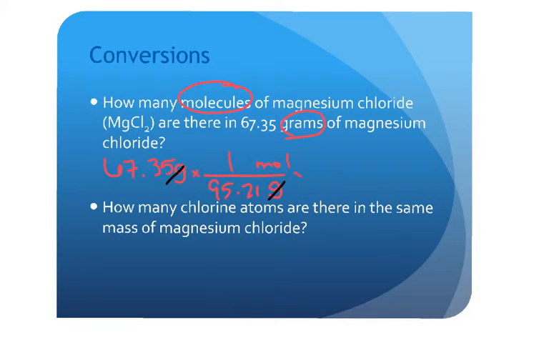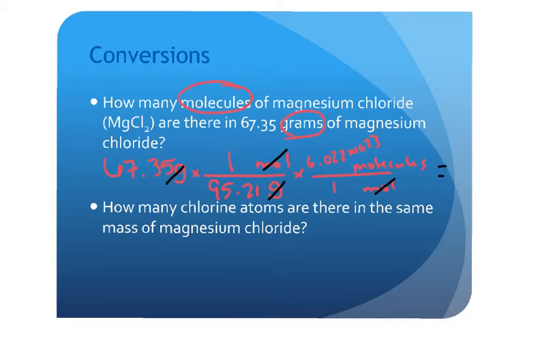The next conversion now is to go from moles to particles. Moles goes on the bottom, and particles, which is molecules in this case, goes on top. For every 1 mole, this is where we will use Avogadro's number, 6.022 times 10 to the 23rd. The moles cancel out, and when I calculate through, this is going to give me my answer.